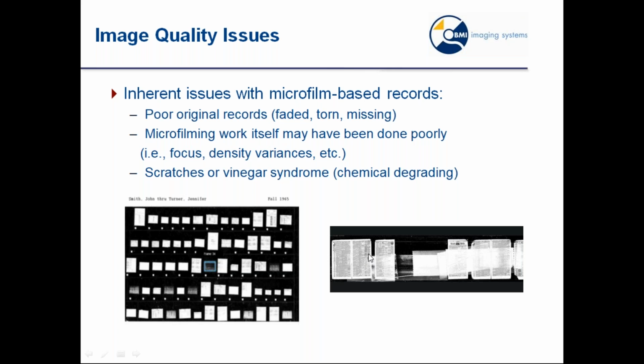This little clip of a reel, a 35mm reel over on the right, just shows scratching. So this is what can happen, and probably what you've been dealing with on your end when you go to view and print these records.